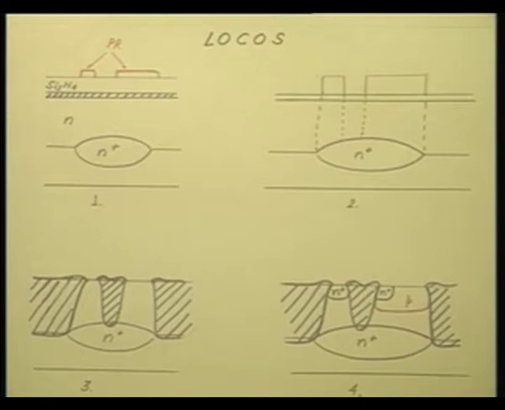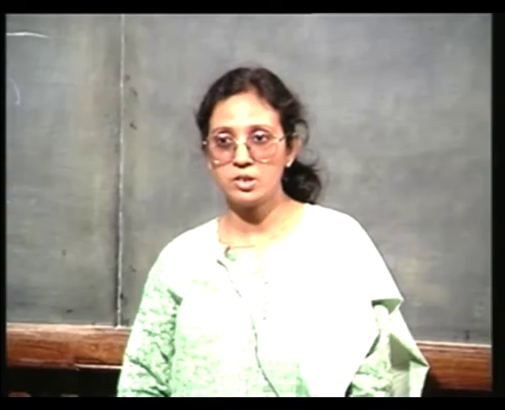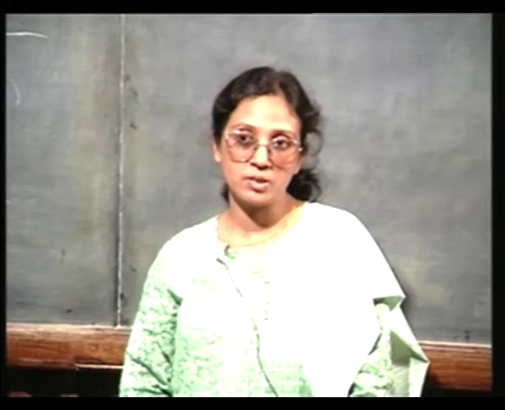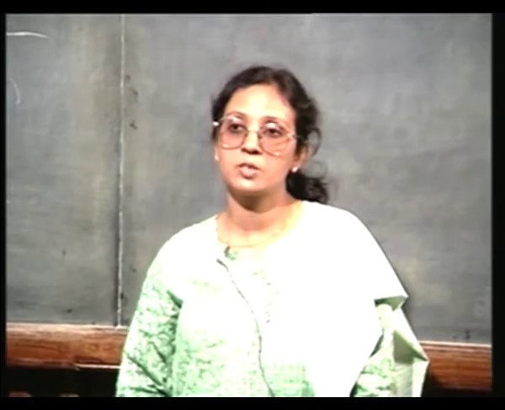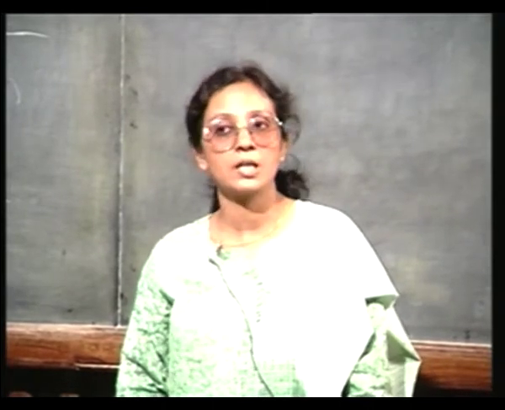Therefore, there is a slight encroachment under the mask, which is actually called the bird's beak problem, because it looks somewhat like a bird's beak. But the bird's beak problem is not very severe as far as bipolar junction technology is concerned. We will discuss in more detail about the bird's beak problem when we discuss MOSFET technologies, because there it will be more severe. We will discuss how those problems can be minimized.